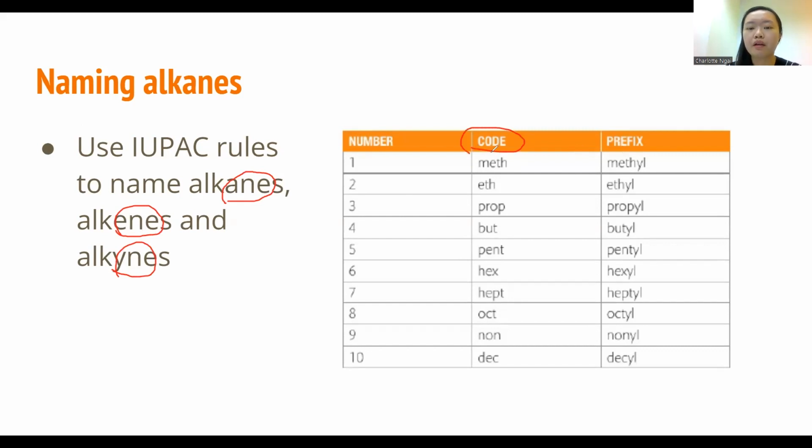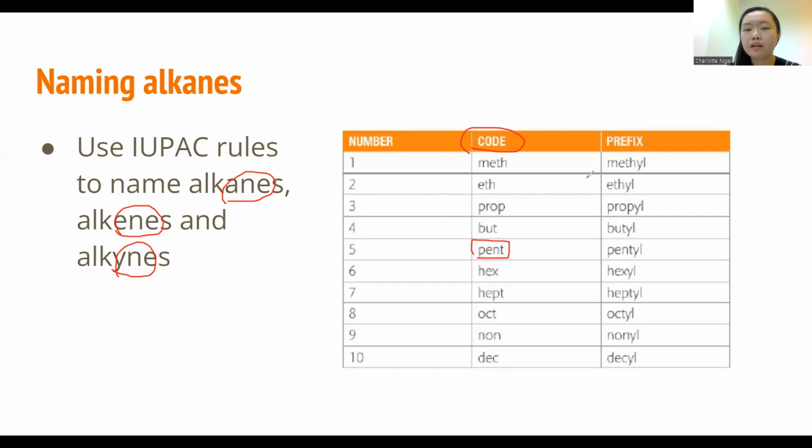For example, if there are 5 carbons in the longest carbon chain, then I will write pent. Then we need to figure out whether it's a single bond, double bond, or triple bond, and then we need to write ANE, ENE, or YNE. Step number 3, after you determine the longest carbon chain and find the code, is to look for any substituent group.